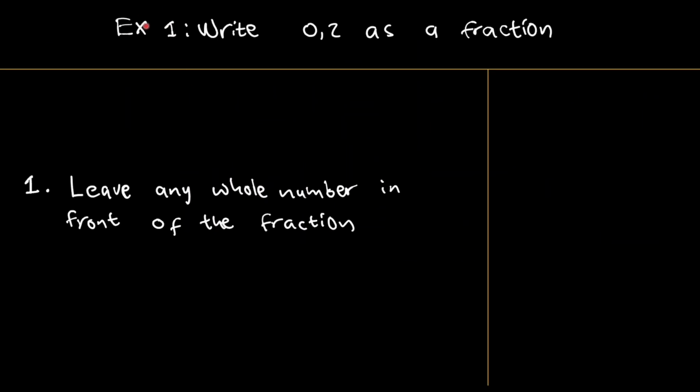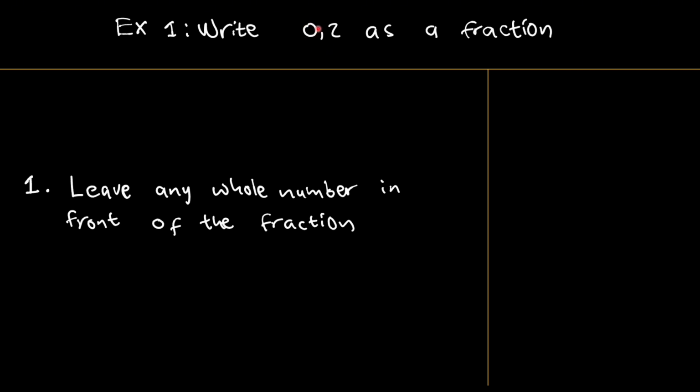Example number 1. In this slide, I am going to explain the first step that you need to understand so that you can convert or write this decimal number as a fraction. So two things to understand.